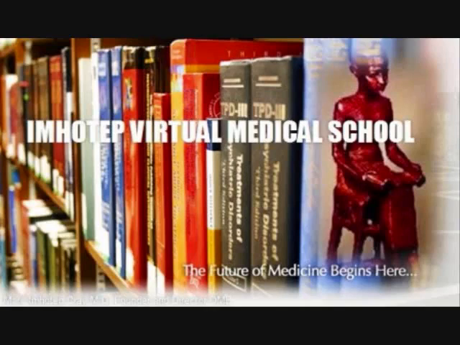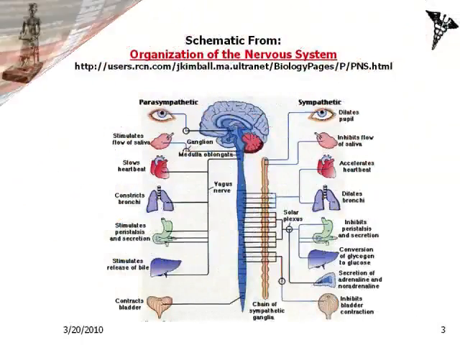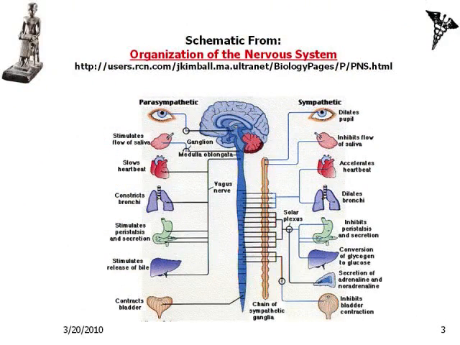We said that there was an artificial, for the purposes of discussion, division in the nervous system: the central nervous system, which is the brain and the spinal cord, and the peripheral nervous system, which has two divisions, the autonomic nervous system and the somatic nervous system. The somatic nervous system is voluntary. It goes to skeletal muscle. It is the system that is monosynaptic.